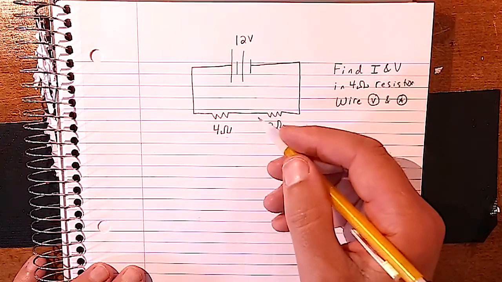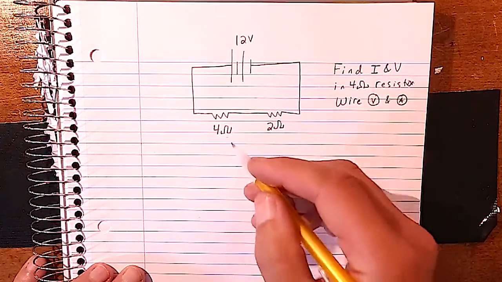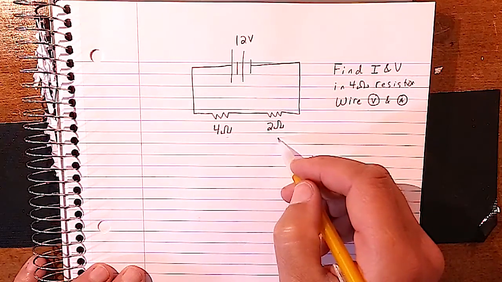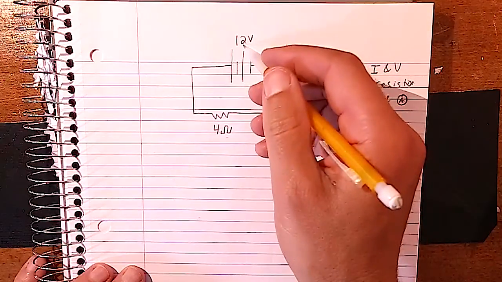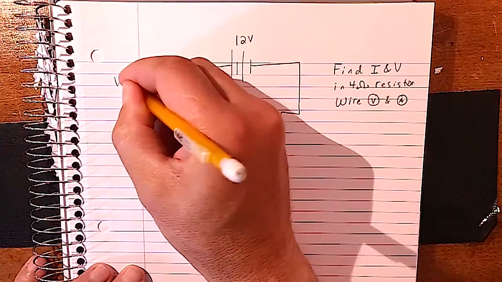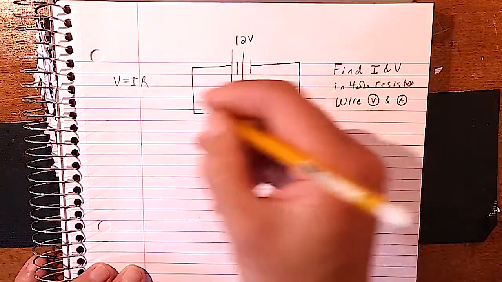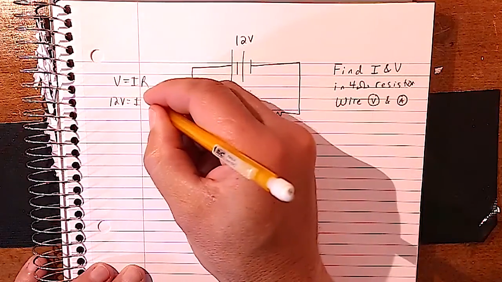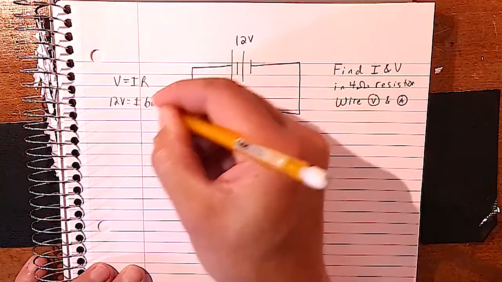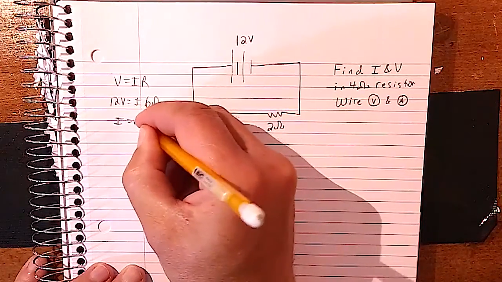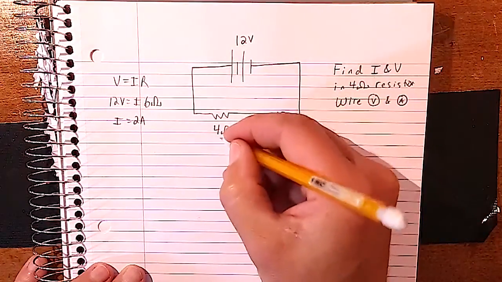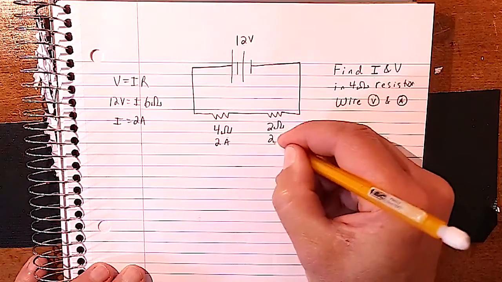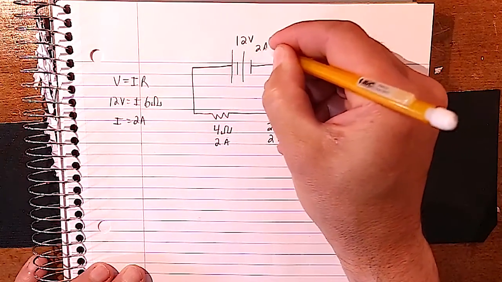So we know that this is a series circuit, so we know the resistances add up, so that's 6 ohms with a total of 12 volts, so we can do V = IR. And V = IR would give us 12 volts is equal to I times R, which is 6 ohms. So our I is 2 amps. So we know that this would be 2 amps, 2 amps, and 2 amps.